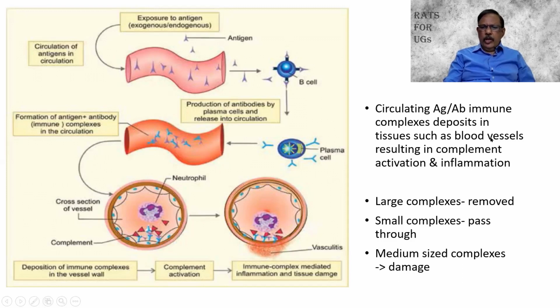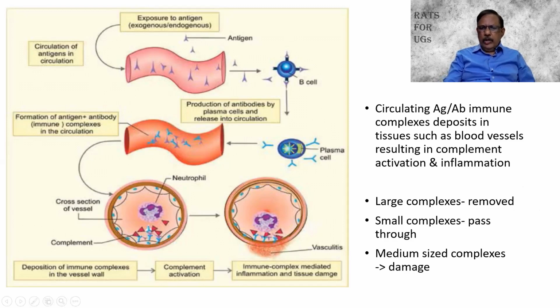Now, when the complex is very large, it is removed by the phagocytic cells. So no harm occurs. When it is very small, it passes through the capillaries or the interendothelial gaps and causes no damage. Large complex, no damage. Small complex, no damage.